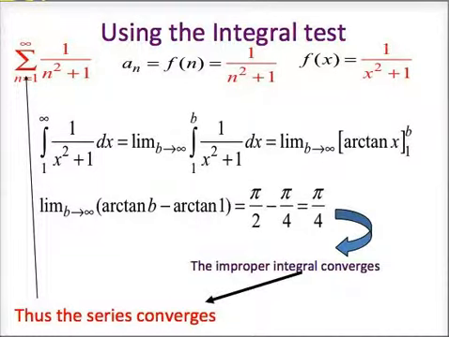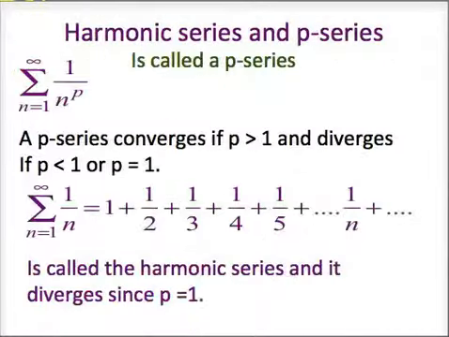However, we do have some special series called the harmonic series that we can prove convergence or divergence for using the integral test. This right here is called a p-series, and it's the summation of 1 over n raised to some power p.